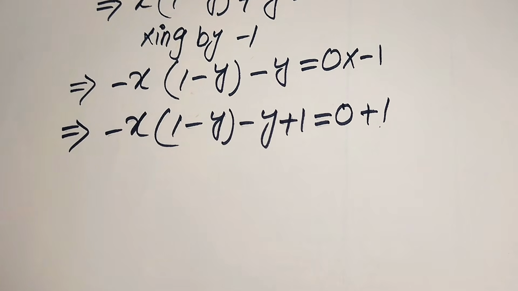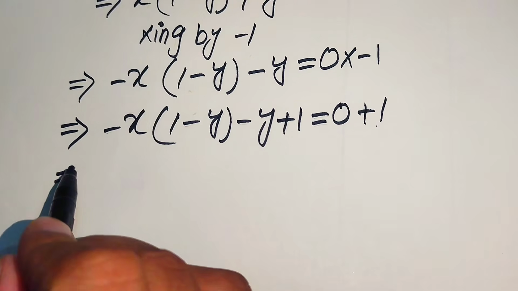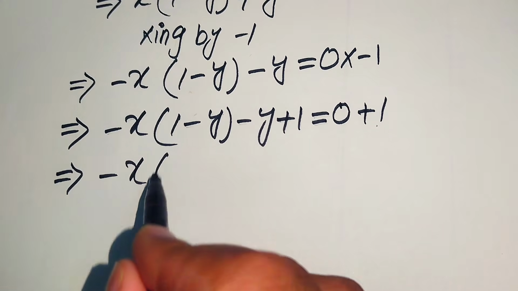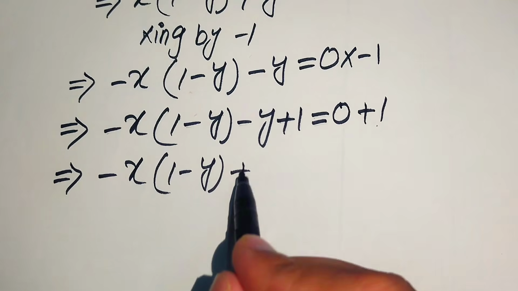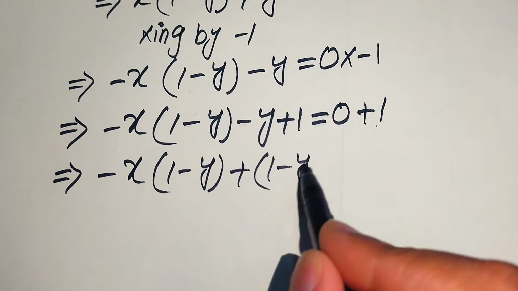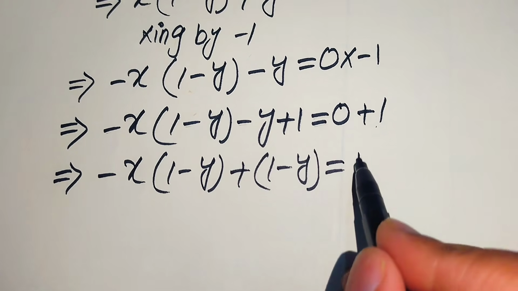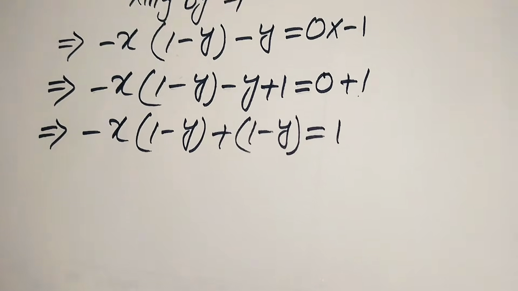Now we rearrange the terms, and we have minus x times 1 minus y, and we rewrite these terms as 1 minus y is equal to 0 plus 1 equals 1.